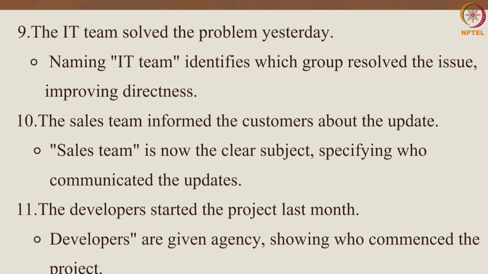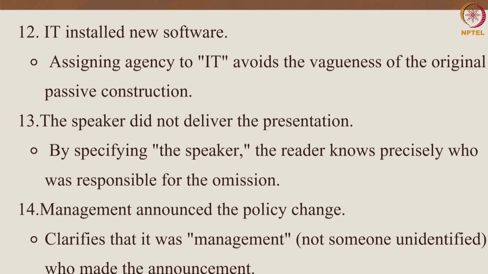Number 11, the developers started the project last month. The developers are given agency, showing who commenced the project. Number 12, IT installed new software. So, we are assigning agency to IT to avoid the vagueness of the original passive construction.